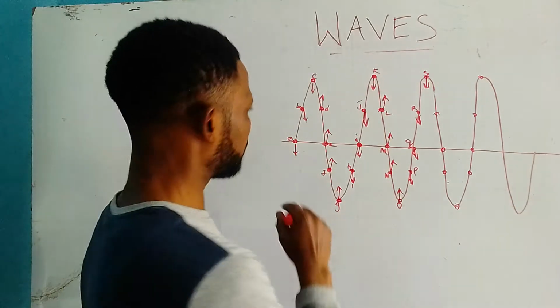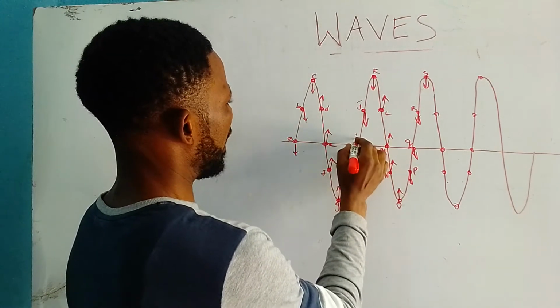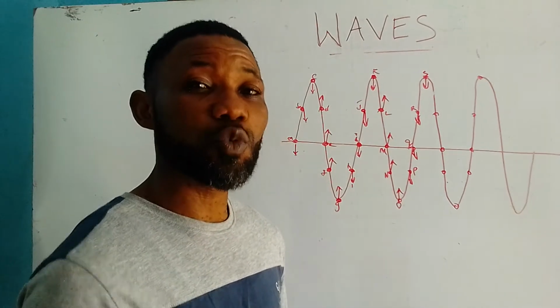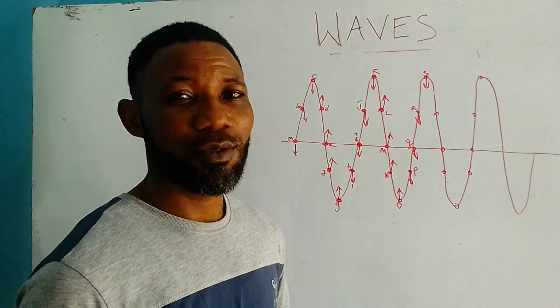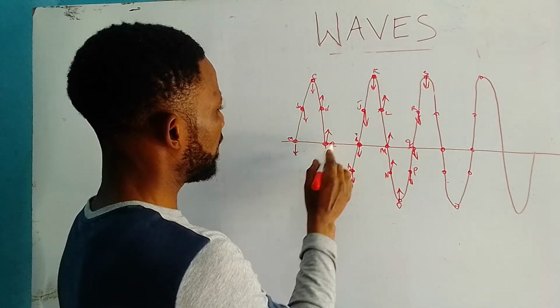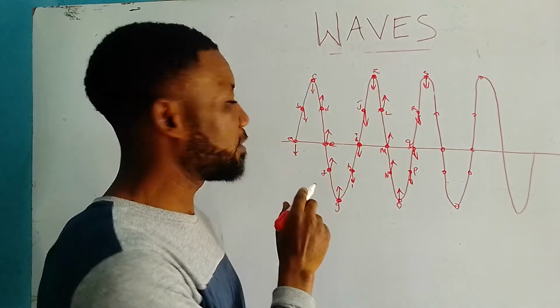Now, particle A and I are two successive particles which are in phase. Because this is E. E and A are neighboring particles, but they are not in phase.